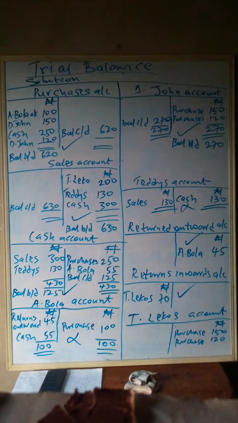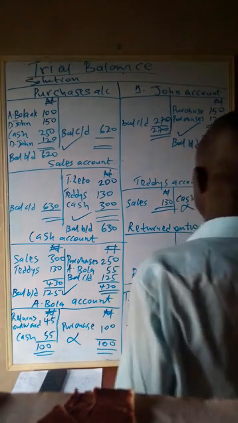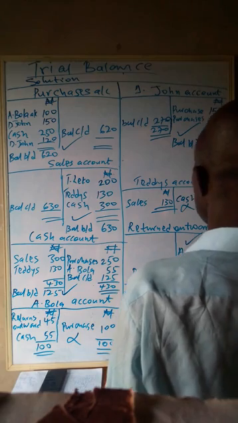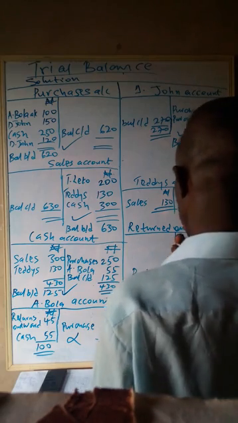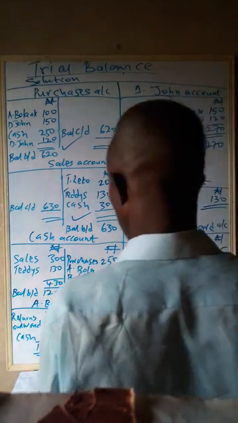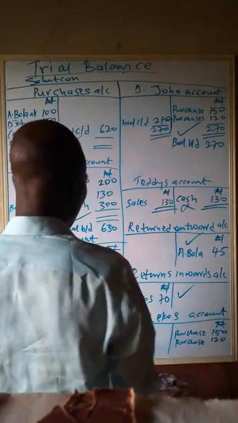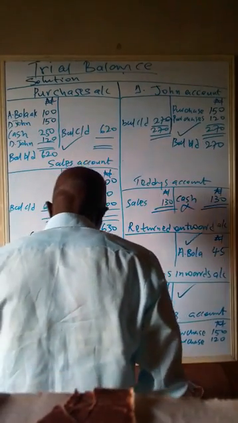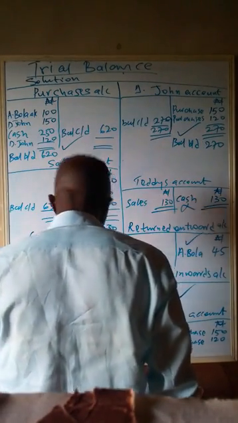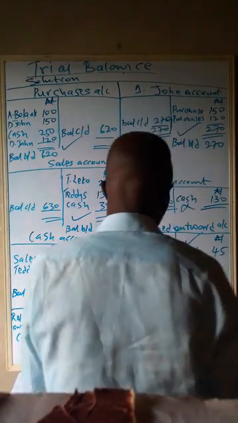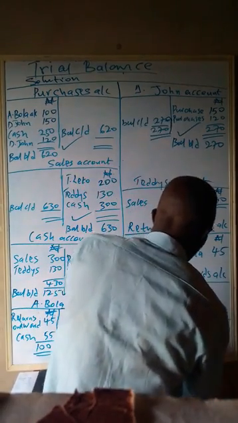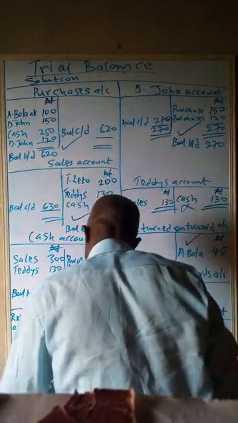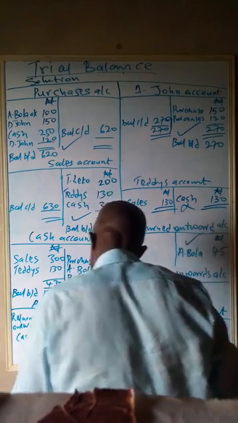And the next one, T liquors. There's an error here. T liquors account is different. Okay, let me quickly look for T liquors. T liquors is 200 naira.